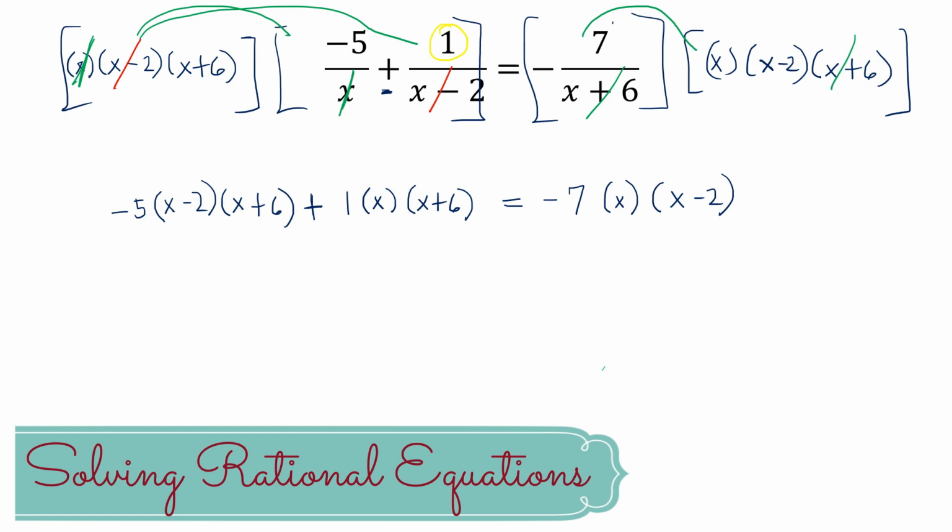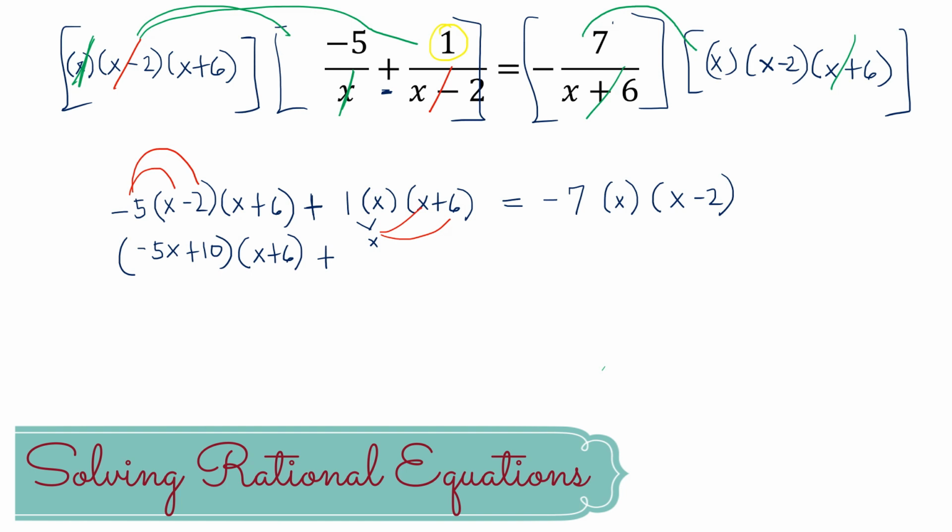Next, we have to distribute negative 5 to x and to negative 2 before multiplying it by x plus 6. So negative 5 times x is negative 5x. Negative 5 times negative 2 is positive 10 times the binomial x plus 6, plus 1 times x is simply x, and then distribute this x to x and to positive 6.